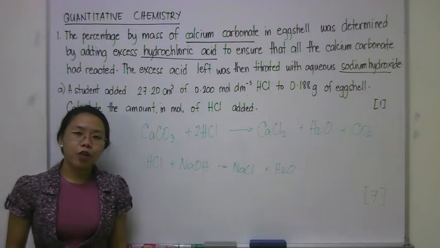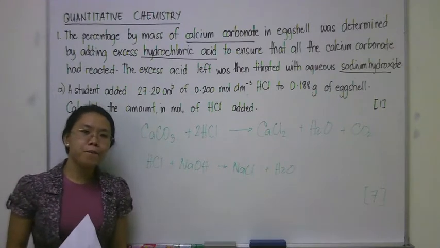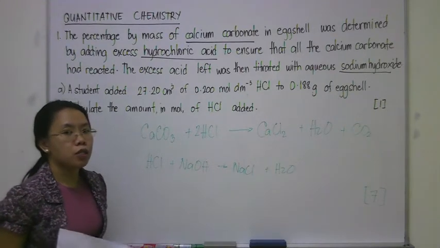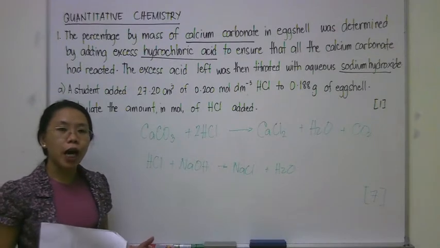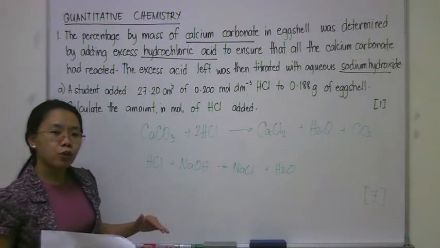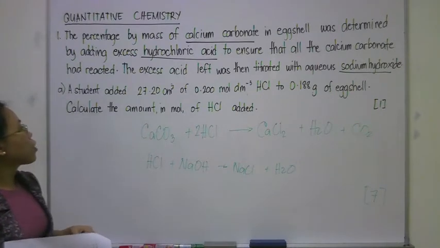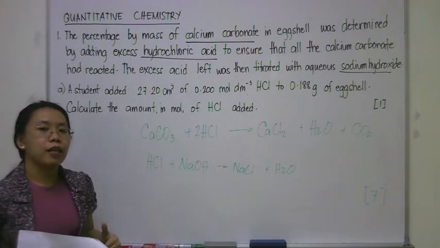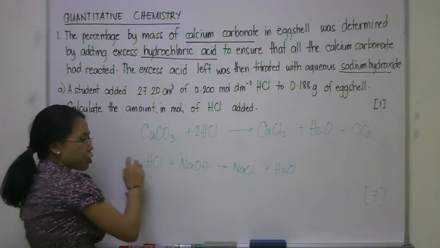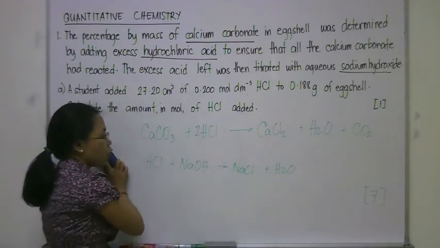Basically, this type of question will earn you 7 marks by solving step-by-step values. Let's say, for example, for letter A, you were asked to calculate the amount of moles of HCl. Okay, so first we solve this first question.